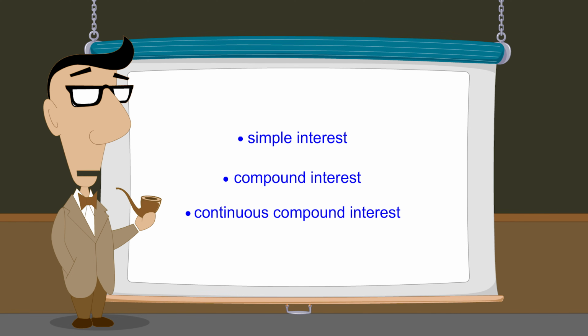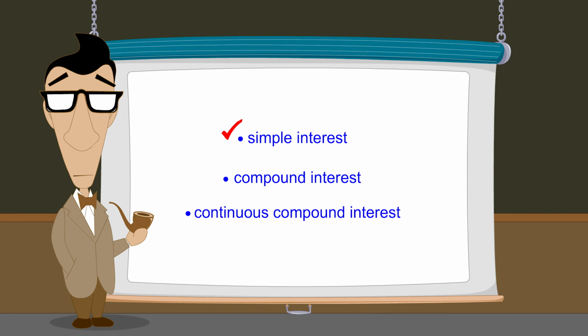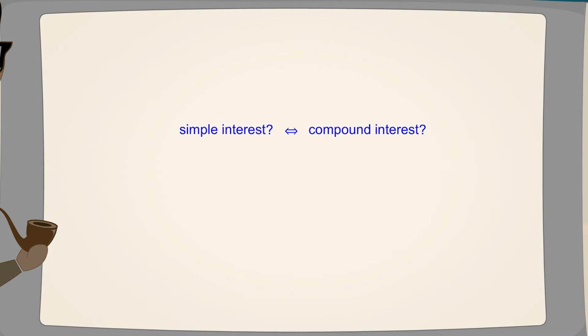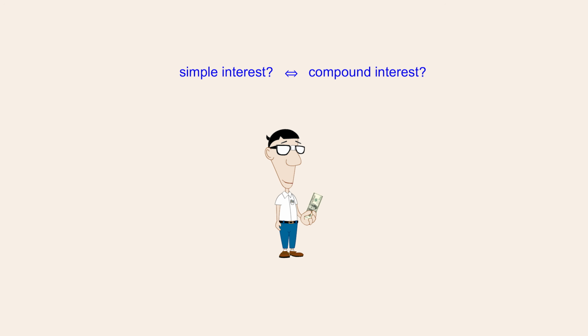So now that we understand simple interest, let's see how compound interest differs from simple interest. Let's say that you decide to deposit $100 into a savings account that pays 1% simple interest each month.